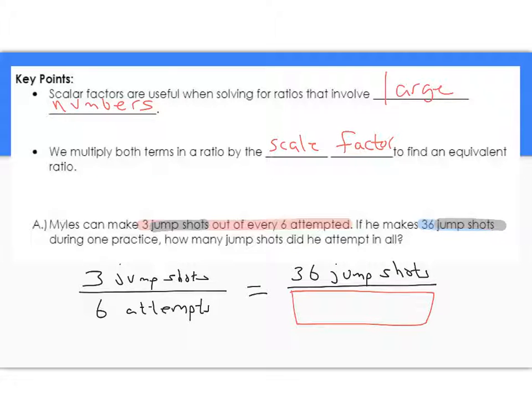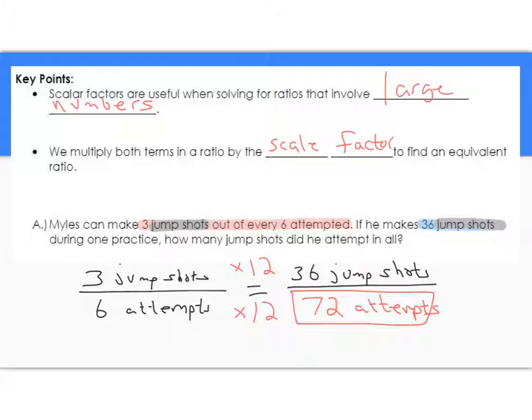So your job is to figure out 3 times what equals 36. Again, you can use a calculator. I know that 3 times 12 is 36. If I multiply the top, I have to multiply the bottom by that scale factor, and 6 times 12 is 72. So for 36 jump shots, he's going to make 72 attempts. And there's your answer.